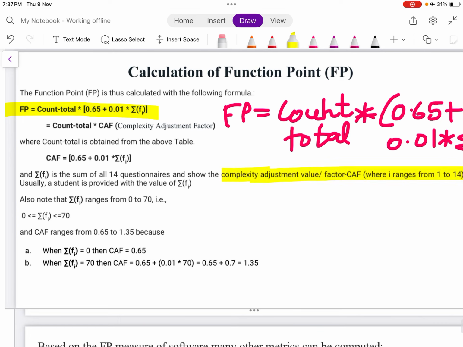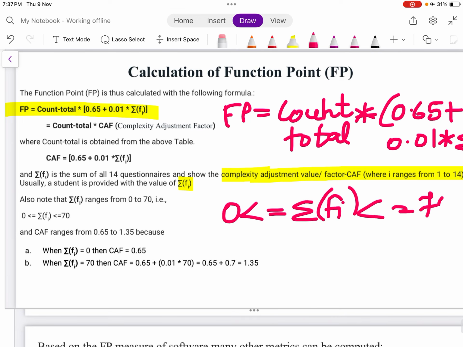Usually a student is provided with a value of summation of Fi. Also note that summation of Fi ranges from 0 to 70, that is 0 is less than or equal to summation of Fi is less than or equal to 70, and CAF ranges from 0.65 to 1.35, because summation of Fi, if you put at 0, then CAF is 0.65.